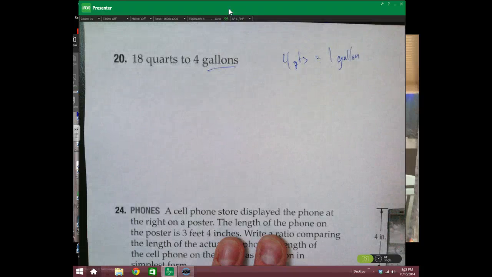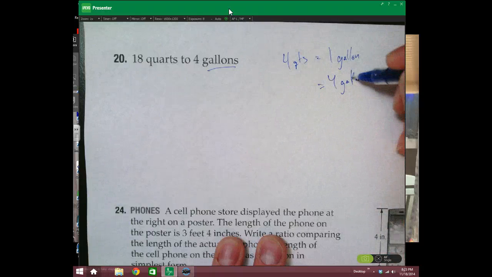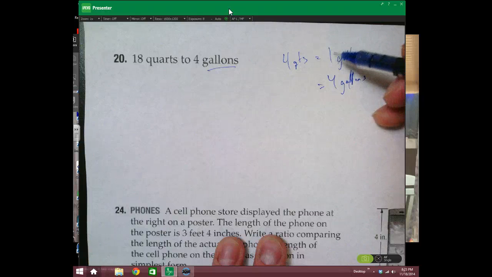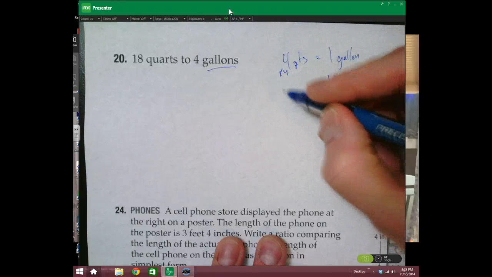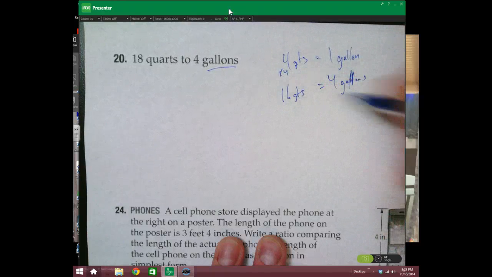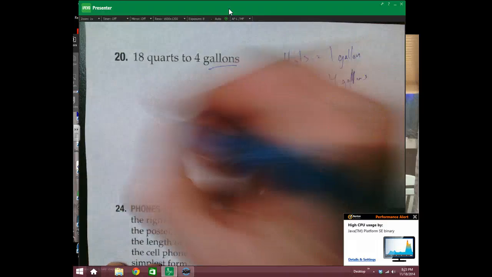Now, to convert this 4 gallons to quarts, how I always do it is I write it right underneath it, and I say to myself, what did I multiply 1 gallon by to get 4 gallons? Multiply by 4. So I have to multiply this by 4 as well. So it's 16 quarts. So now I have 18 quarts to 16 quarts.